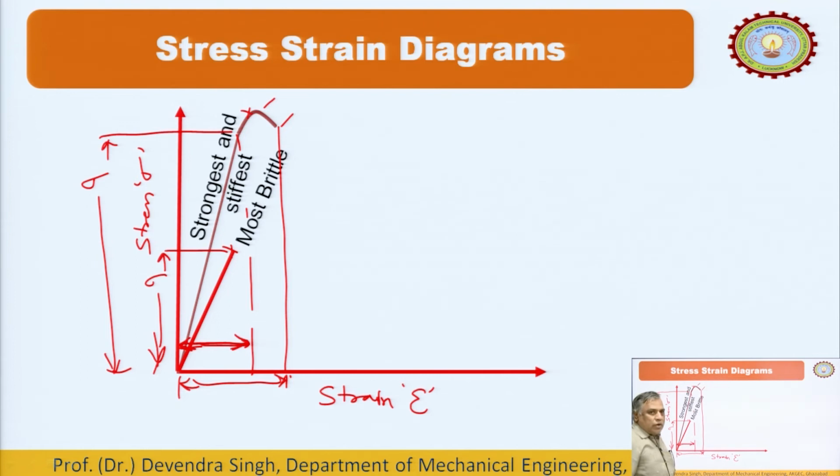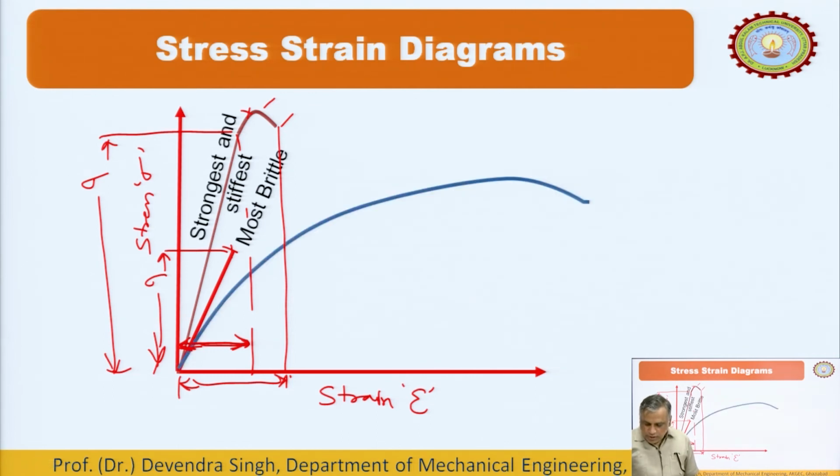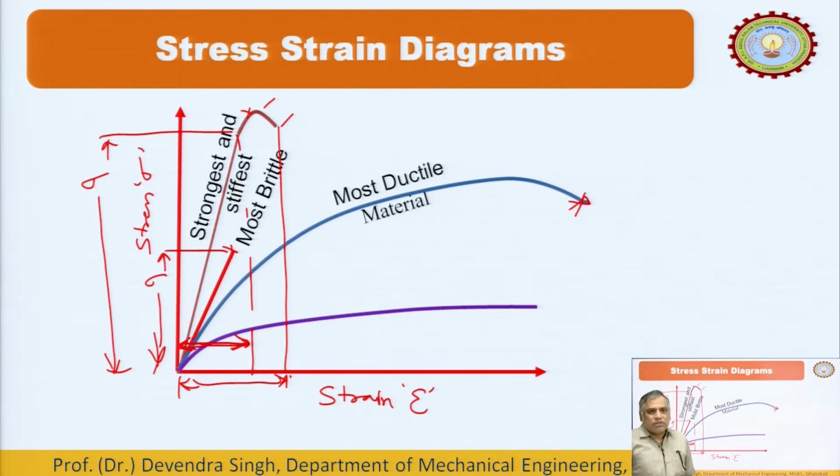Stress, tensile stress: brittle materials usually have good strength against compressive load, and whenever a tensile load is applied to a brittle material, it breaks at a very low strain and at lower stress. Then this is a general curve, this is a fracture point, this is a ductile material, this is the most ductile material, and this is, as we have discussed, a plastic material.